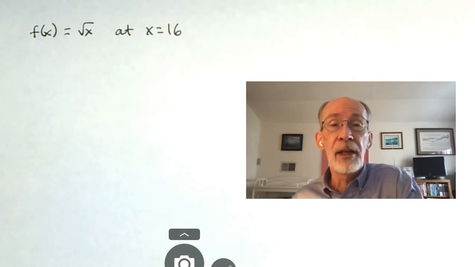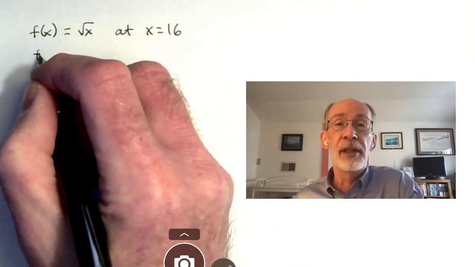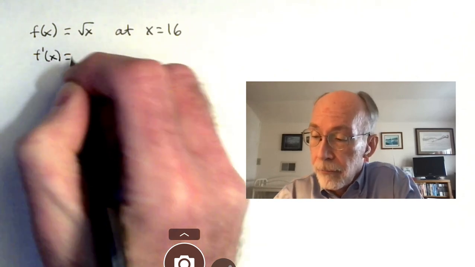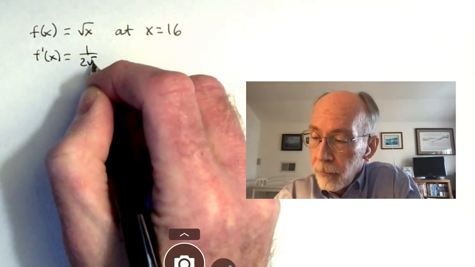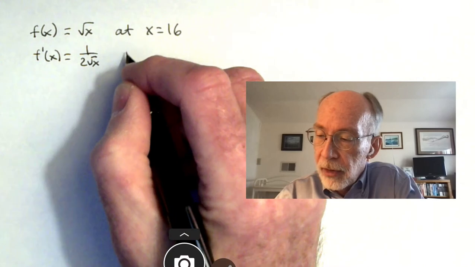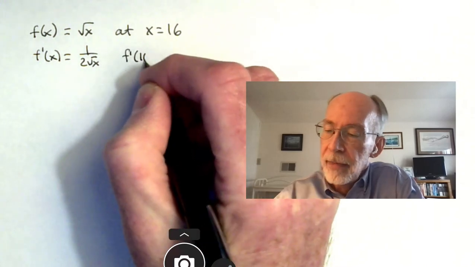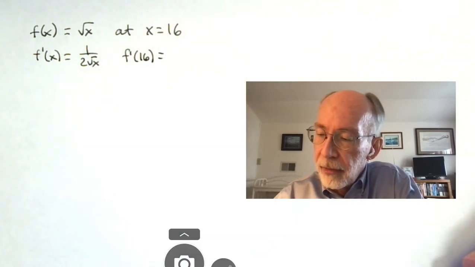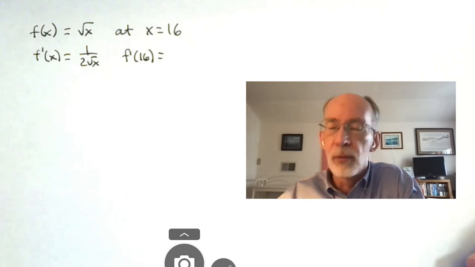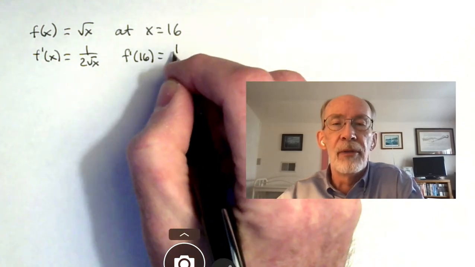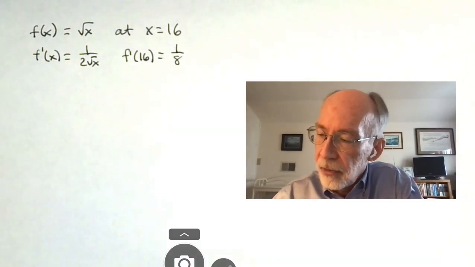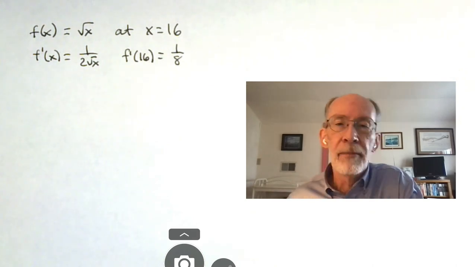So let's go ahead and get the equation of the tangent to the square root function at x equals 16. f prime, of course, is 1 over 2 root x, and f prime of 16 is 1 over 2 times the square root of 16, which is 1 over 2 times 4, which is 1/8.